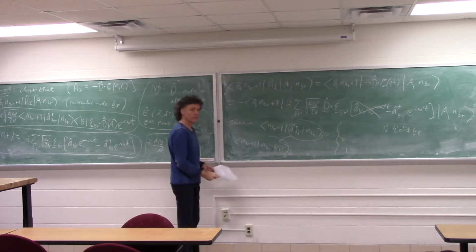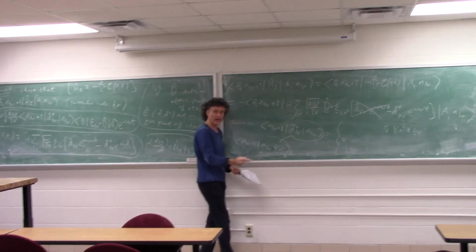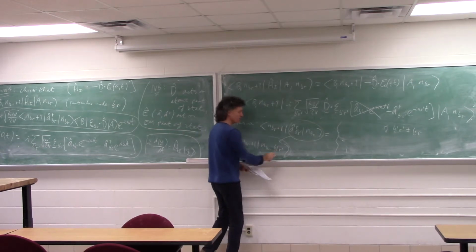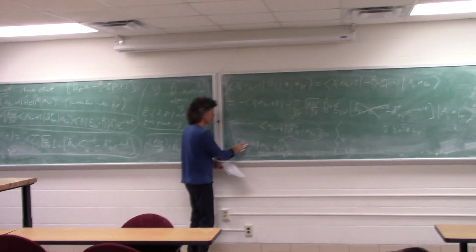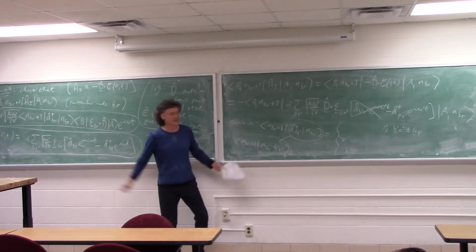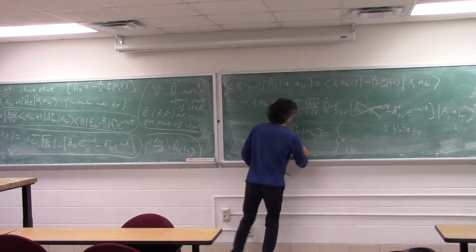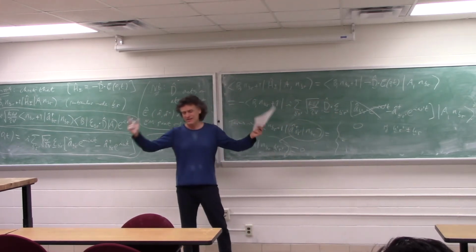Now I have an inner product of two states. One state has n kr photons in the kr mode and one photon in the k' r' mode. I'm taking the inner product with the state where there are n plus 1 photons in kr and no photons in k' r'. Obviously, this is 0 again. So this is 0. I think everything's 0 here.